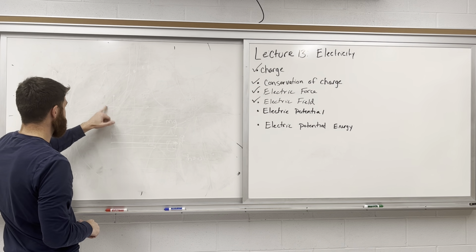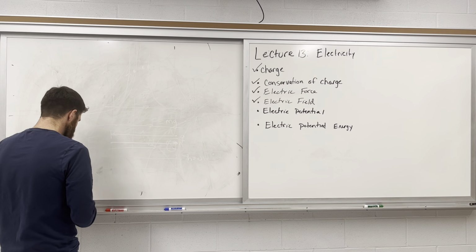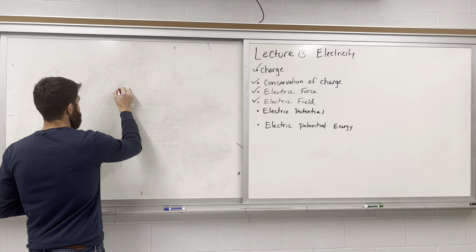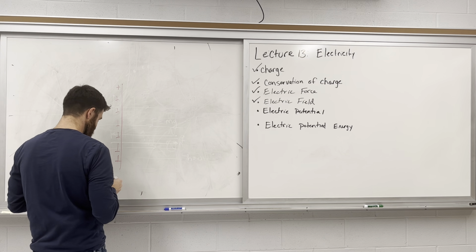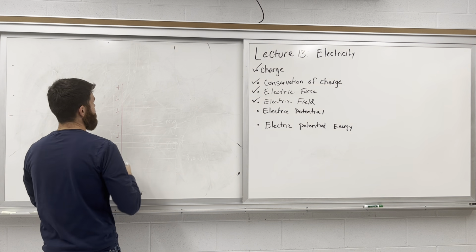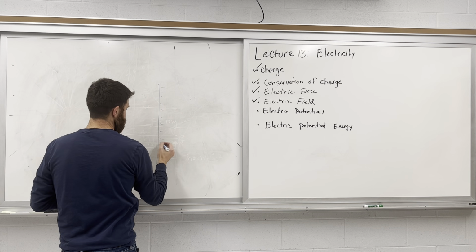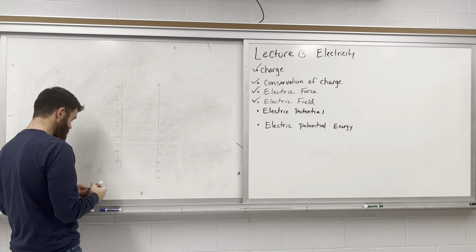Force through a distance. Now I drew that force field with parallel lines. How do you create that? One way to create that is if you have a plate that has a positive charge on it, and then a plate that has negative charge on it. It'd be like a capacitor.